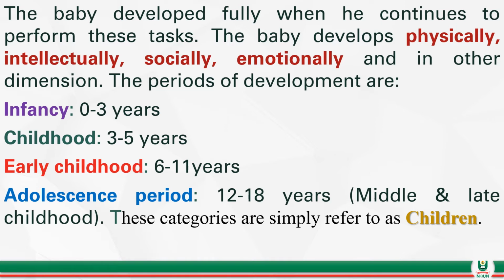So adolescent age is regarded as middle and late childhood. All people within these categories or within this period of development are known as children. So for you to qualify as a child, you have to be from 0 age to when the child is 18 years.